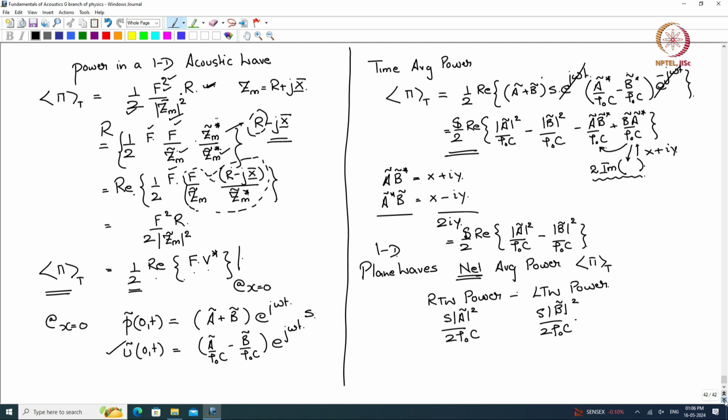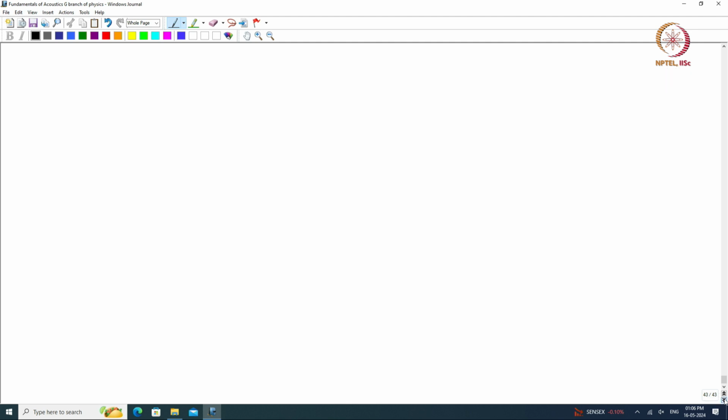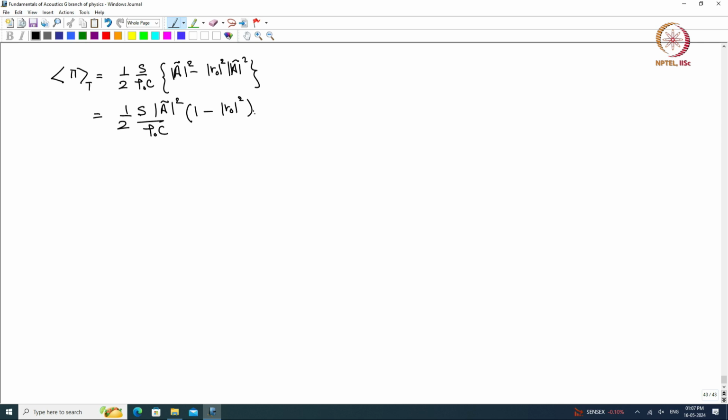Now we can further write this as 1/2 S by rho 0 c, magnitude of A square minus magnitude of R0 square magnitude of A square, or 1 by 2 S magnitude of A square by rho 0 c, times 1 minus magnitude R0 square.